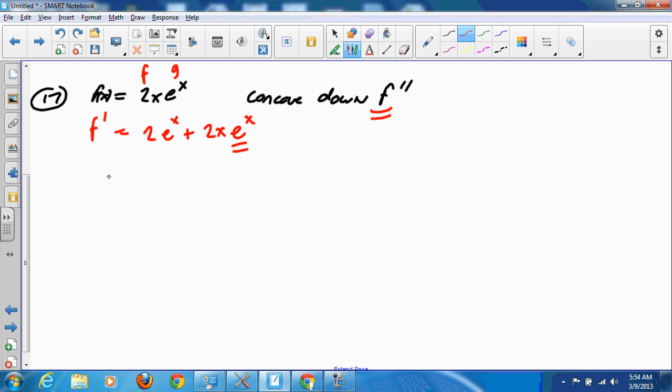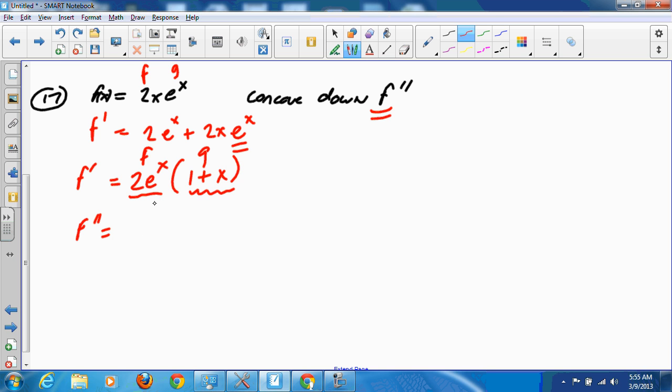Okay, now we could simplify this a little bit, factor out a 2 and an e to the x, and we would get what? 1 plus x. So it might be a little easier to take the derivative of this one. So now we're going to call this f and this portion g, and do the product rule again.